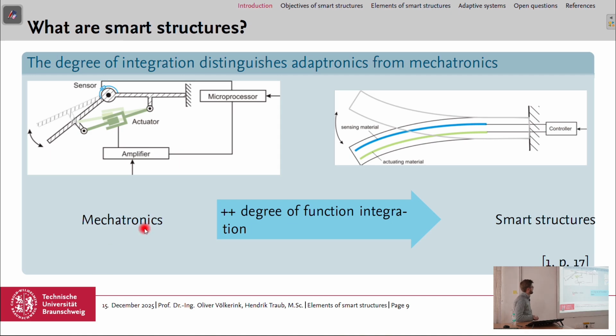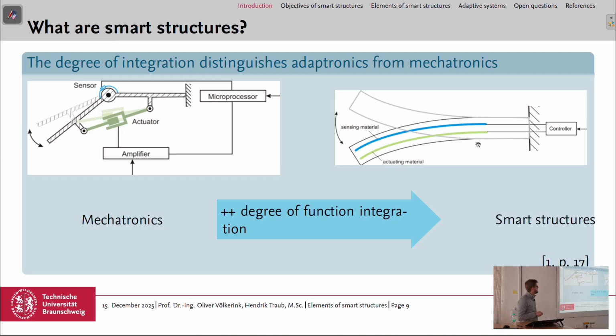In a mechatronics system, you have sensors, actuators, a microprocessor or controller, and an amplifier for power supply, like in smart structures, where you also have a sensing material and an actuating material, a controller and a power supply.